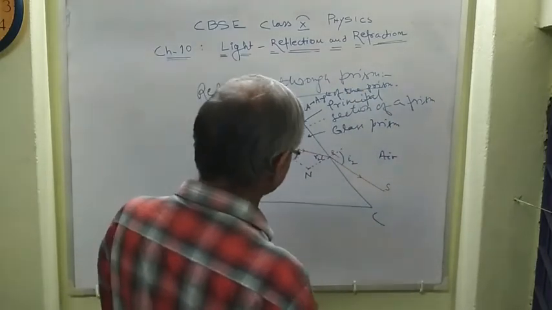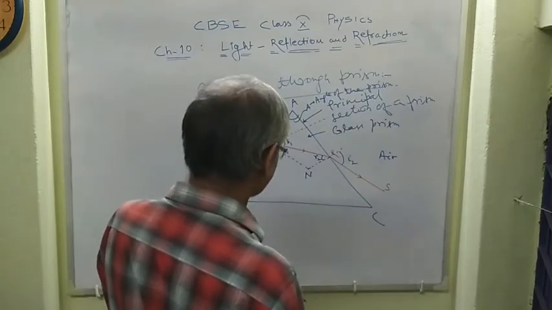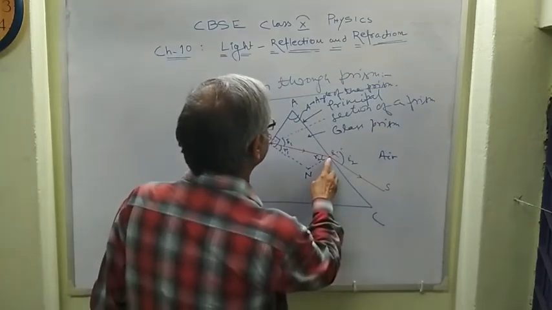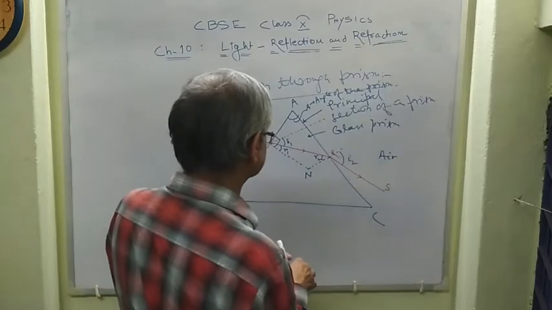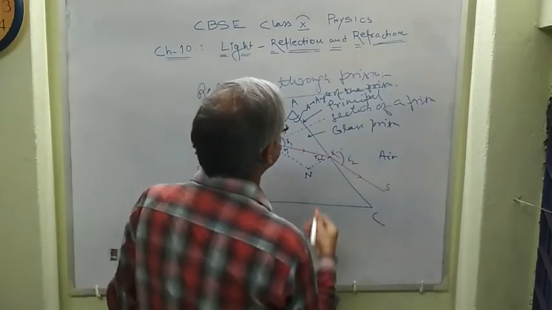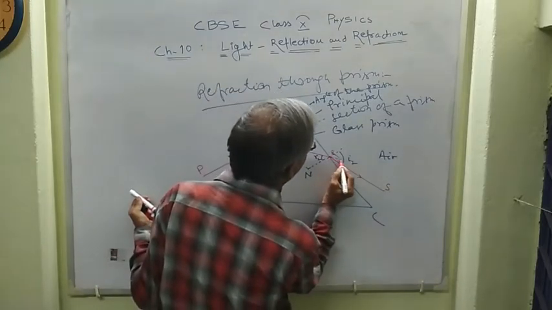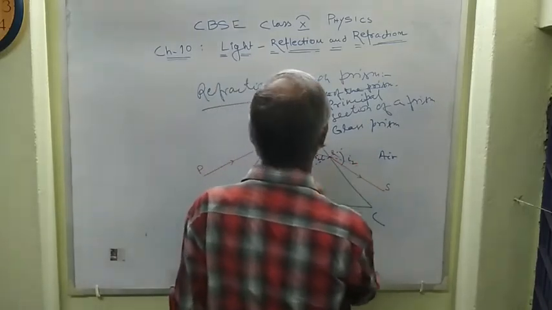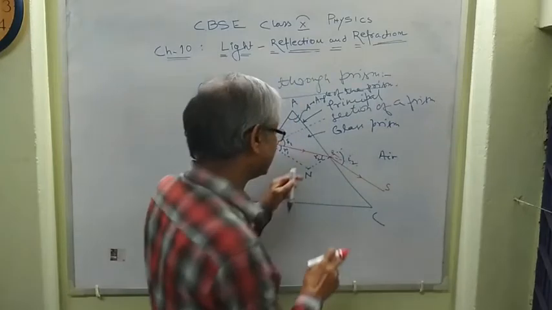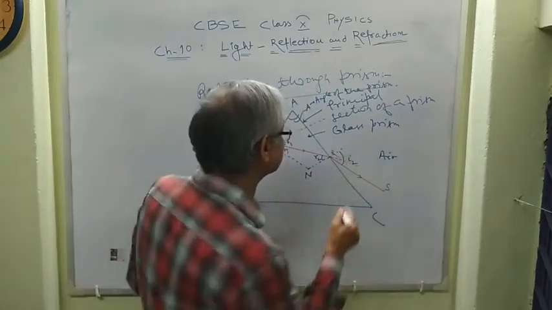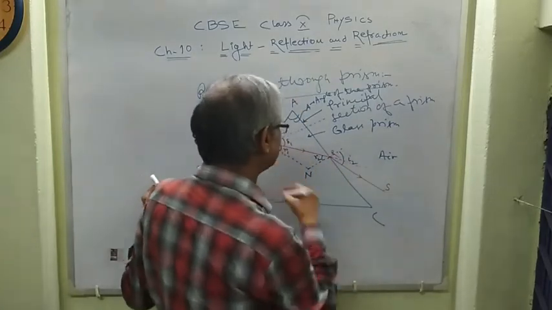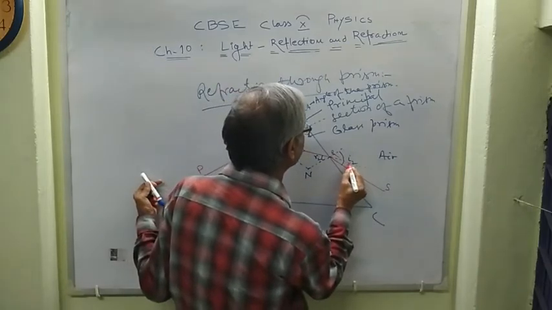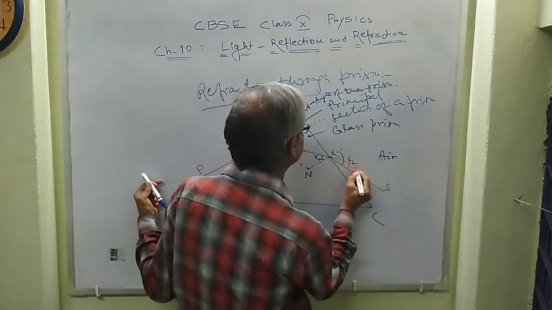Now if we measure the deviation, this is the direction of the incident ray, and this will be delta 2.